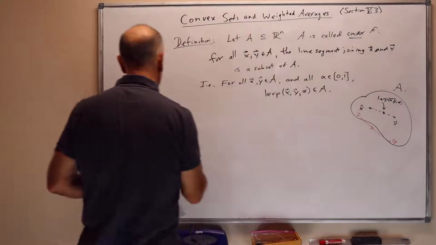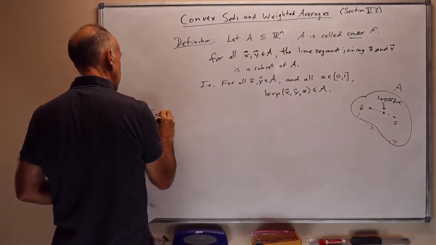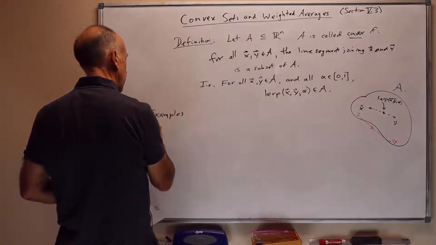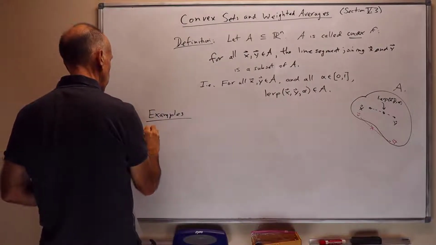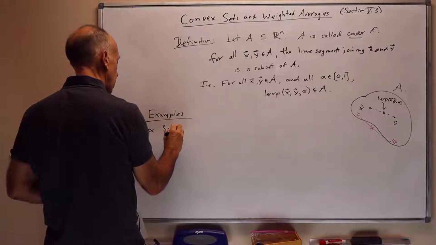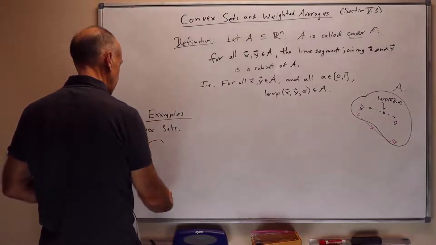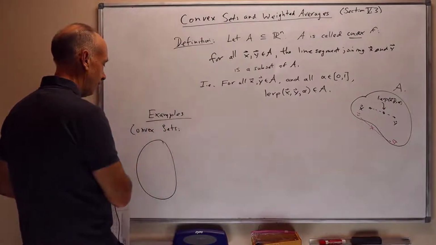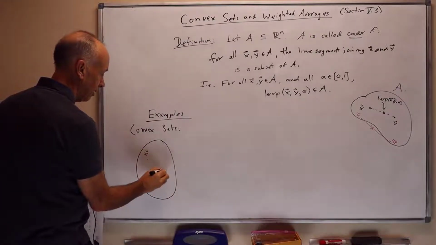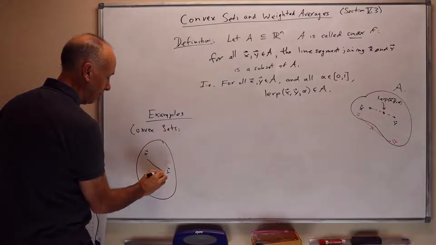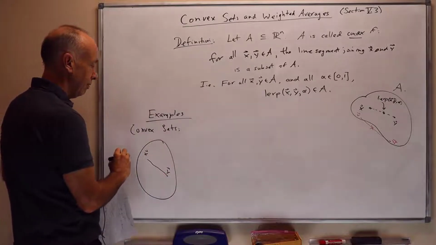So for some examples of convex sets, this includes, for instance, something like this, an egg-shaped kind of thing. You take any 2 points x and y, and look at the line segment between them, that lies inside there.